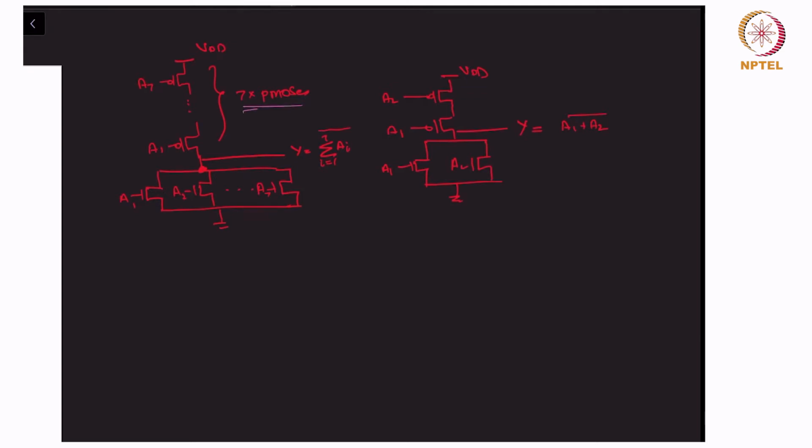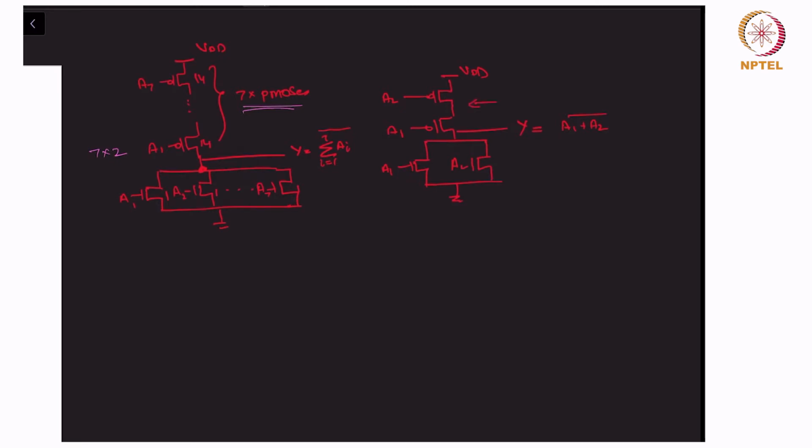Now, since this is a 7 stack, this has to be 7x the size of the reference PMOS. Reference PMOS size is 2, so this will be 14. Of course, these are all just 1 stacks on the NMOS, so we will just have the reference size of 1.